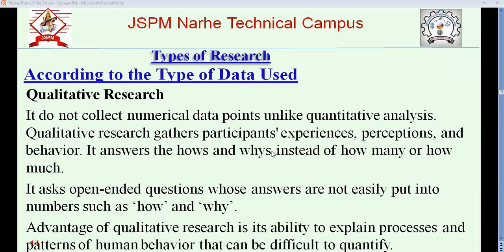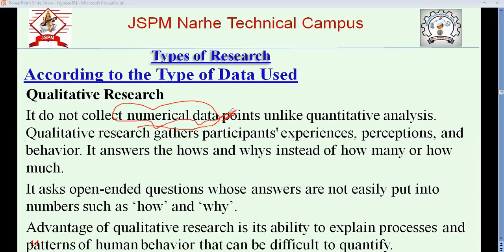So let us understand what is qualitative research. Unlike quantitative analysis, in qualitative analysis we don't deal with numbers. We don't deal with numerical data.